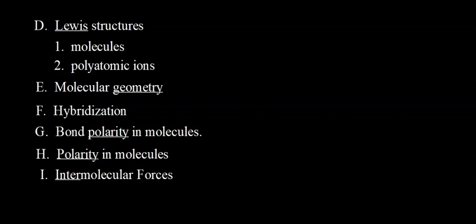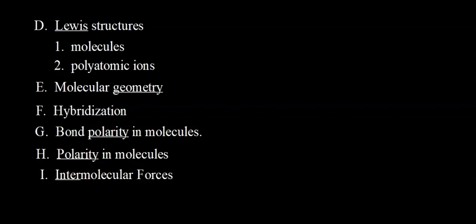With these Lewis structures, we'll use them to predict many things, one of them being molecular geometry, or the geometric shape, the three-dimensional shape that a molecule or polyatomic ion takes. Another is something known as hybridization, so how an atom can form multiple bonds with other atoms in a molecule or polyatomic ion.